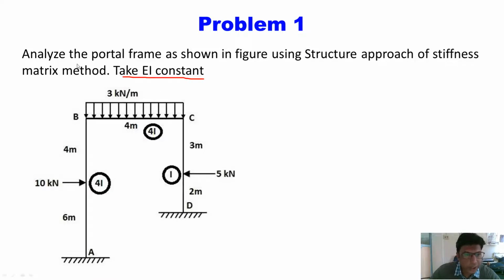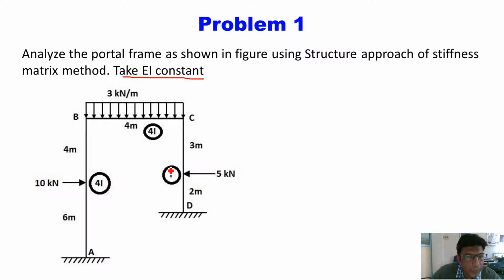So this is the portal frame given. It has two columns and one beam. Columns are subjected to a central point load and the beam is subjected to UDL. Moment of inertia is varying.